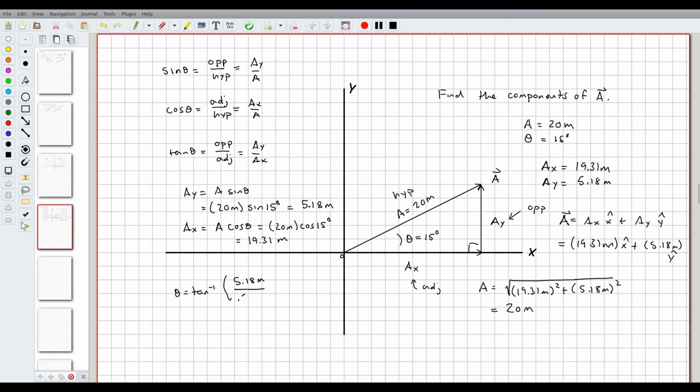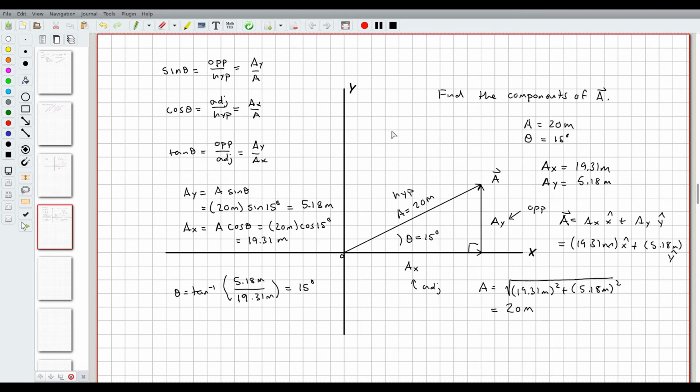AX, 19.31 meters. Let's try it. The inverse tangent of 5.18 divided by 19.31. 15 degrees. So it checks out.